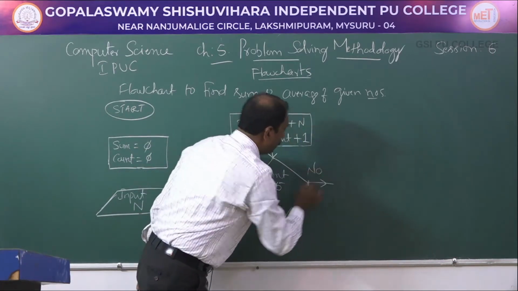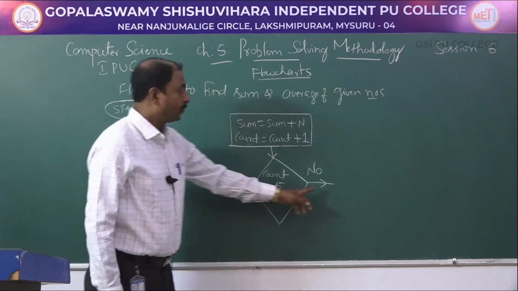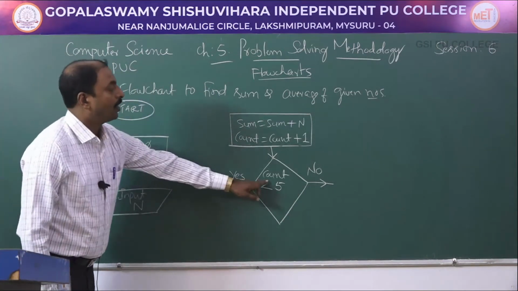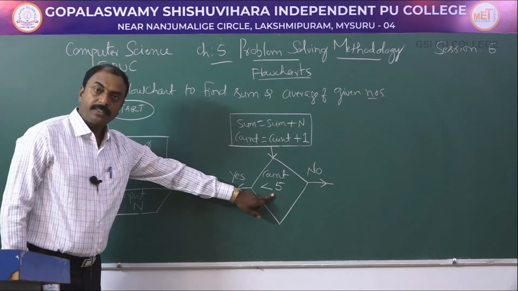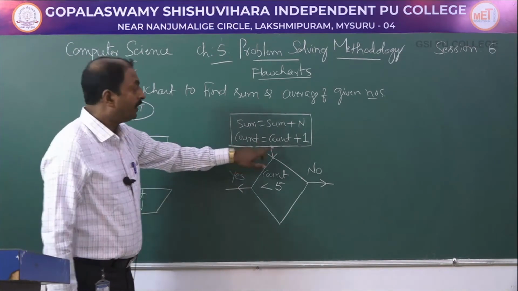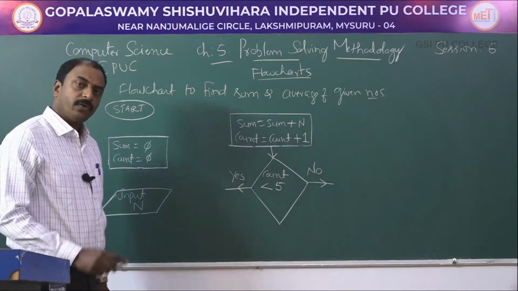This rhombus takes one input and 2 possible outputs. So what is the meaning of this? Count is less than 5. So we have to keep entering the numbers as long as the count value is less than 5, because we have to find the sum and average of 5 numbers.